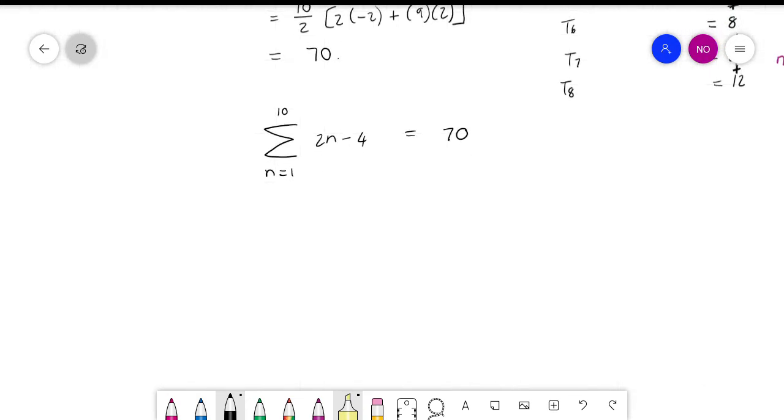I'm going to do a similar one. Meaning that it's going to be another arithmetic sequence. Okay.